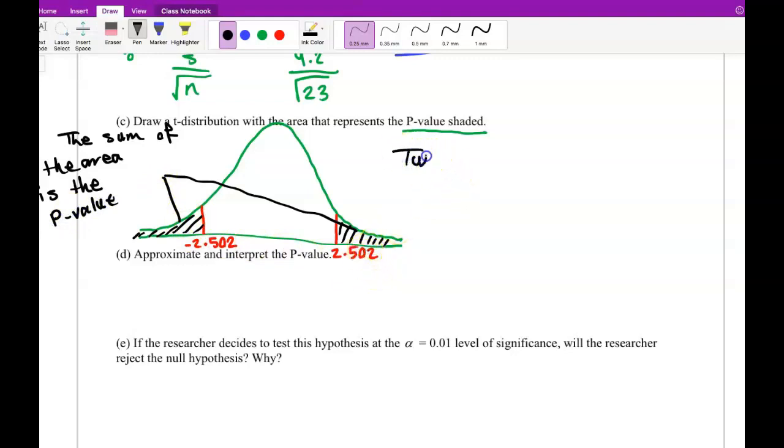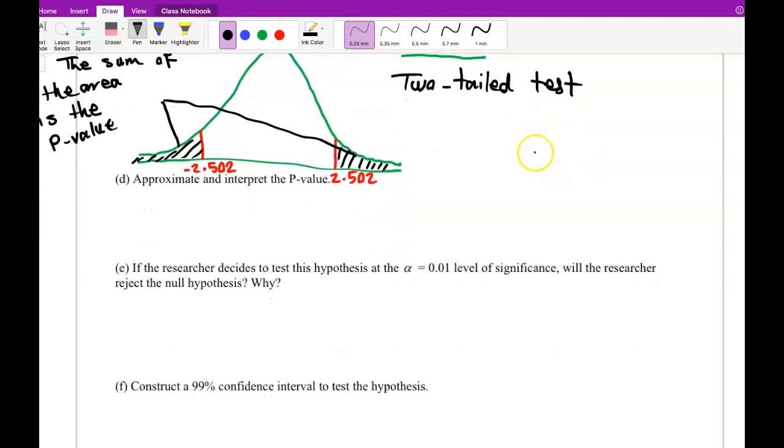And here we have two tails. Okay, then part D, we want to find the answer for the p-value.